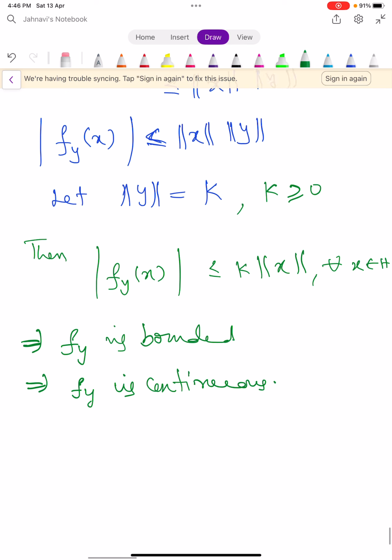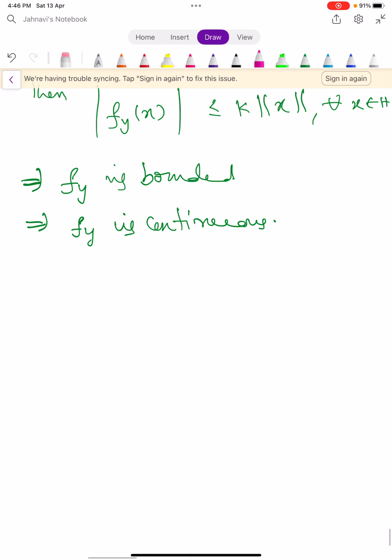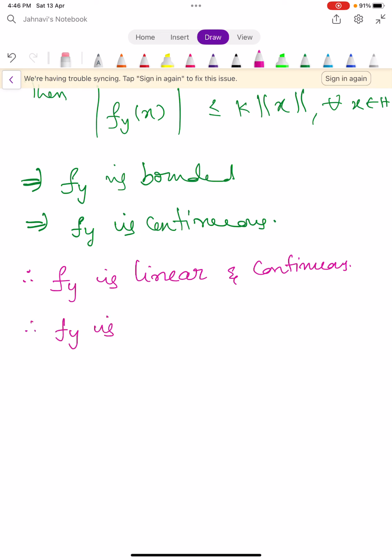So we conclude that fy is linear as well as continuous. This shows us clearly fy is a functional on capital H, that is, fy belongs to the conjugate space H star.